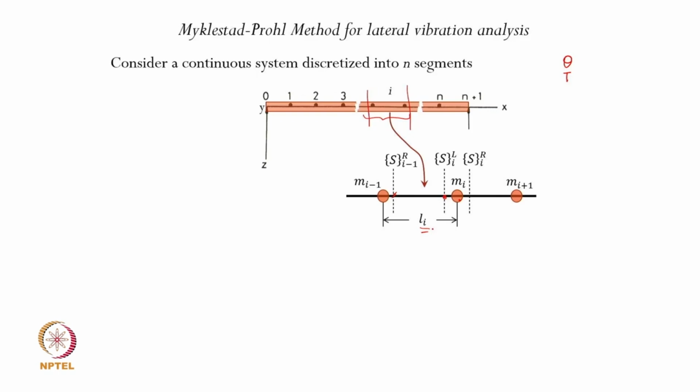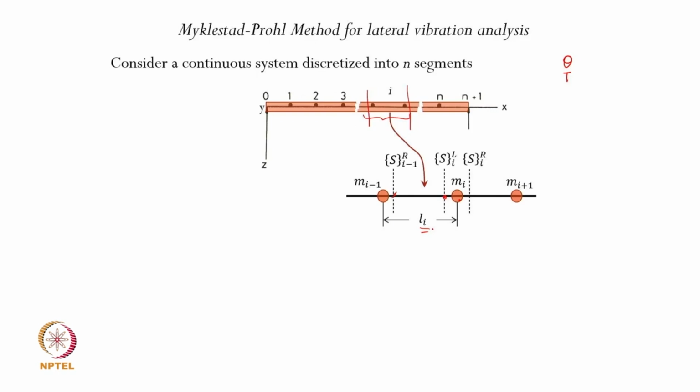It will have its own properties. So in this case, because it's a flexural vibration, the property that we are going to look at is the flexural stiffness instead of the torsional stiffness in case of the Holzer method in dealing with torsional vibrations. So in this case, the parameters are going to be a bit different.